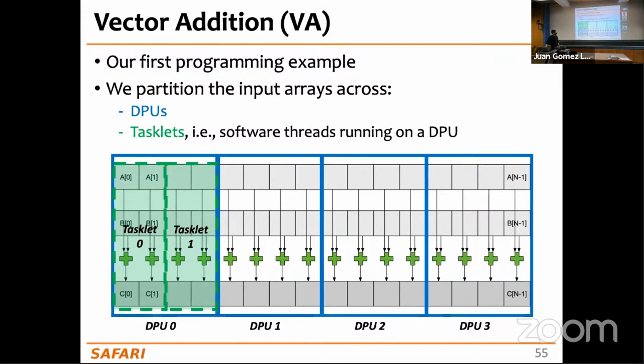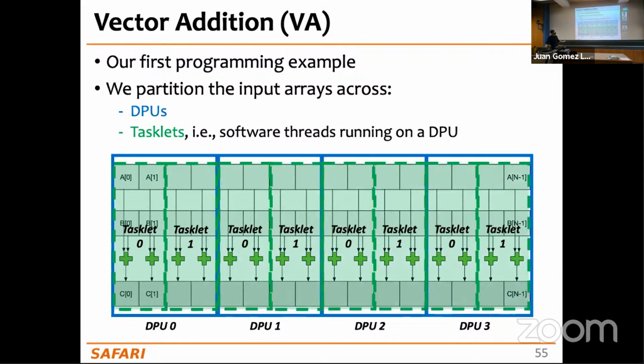This is for tasklet 0, this is for tasklet 1, and we do the same in the rest of DPUs. One thing that you can observe here is that all tasklets have an ID, which is important for the tasklet to know which part of the array it has to process, right? We are going to address that by using the ID of the tasklet. This is tasklet 0, this is tasklet 1. And then when we go to another DPU, you can observe that the IDs of the tasklets are the same because these IDs are local to the DPU. Okay? Are there any questions so far?